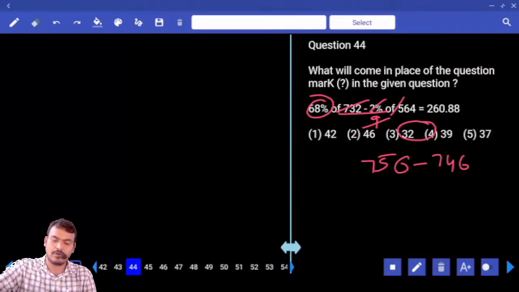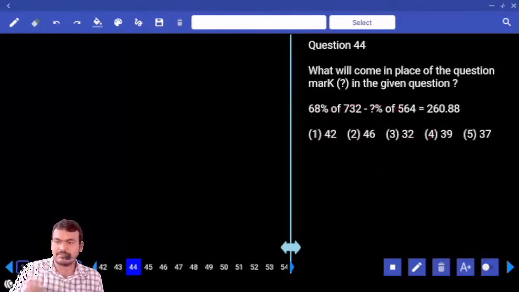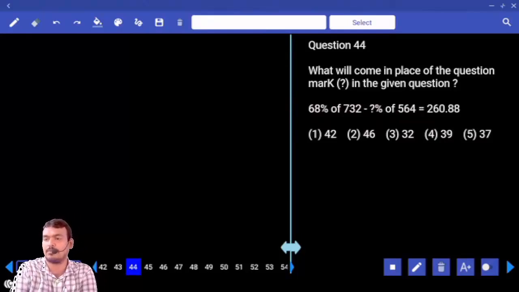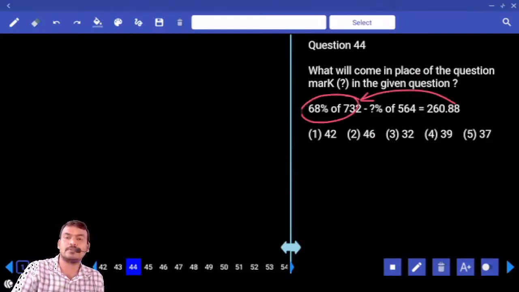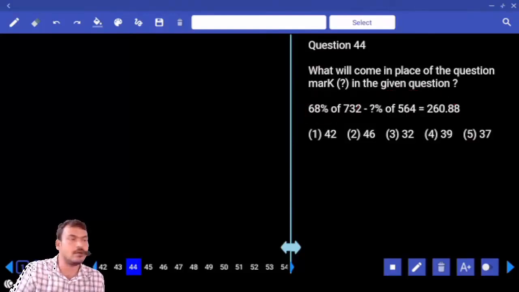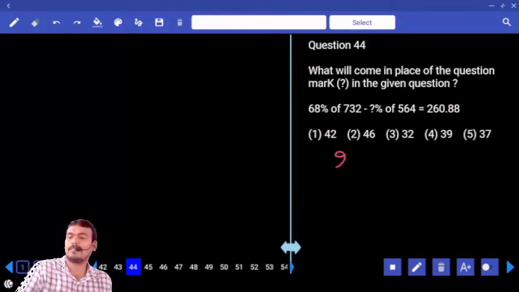Next question number 44. 68% of 732 minus what percent of 564 equals 260.88. First one, the right hand side value is subtracted from which one? 68% of 732. Okay. 68% of 732 means 50%, 10%, 5% and 3%.